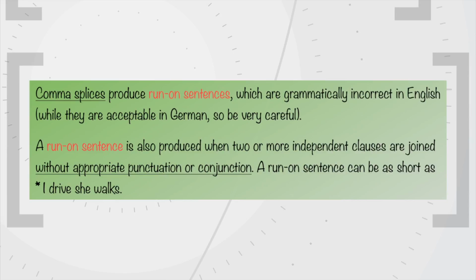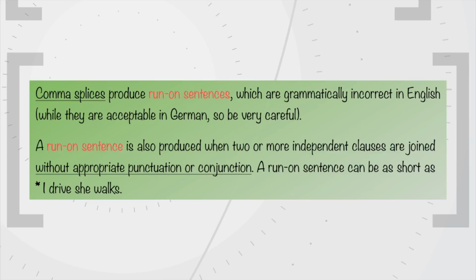Comma splices produce run-on sentences which are grammatically incorrect in English. So the two examples you've just seen are also run-on sentences. A run-on sentence is also produced when two or more independent clauses are joined without appropriate punctuation or conjunction.